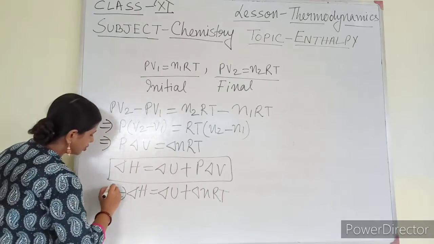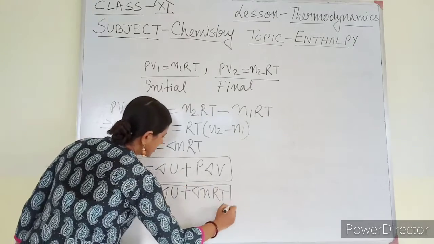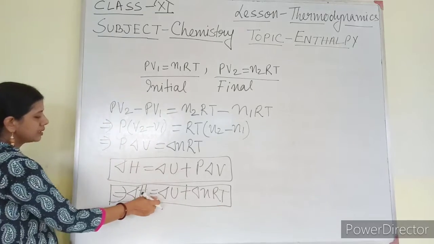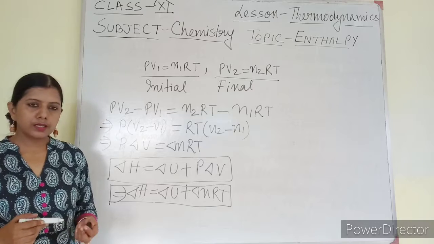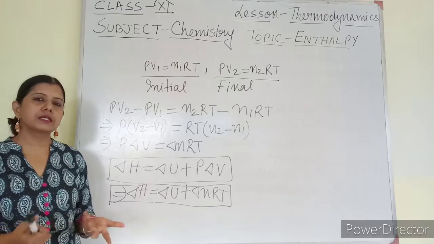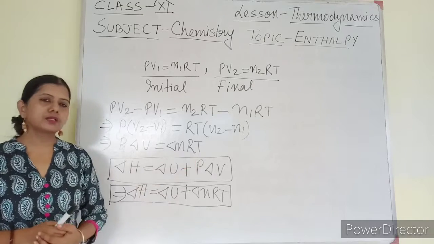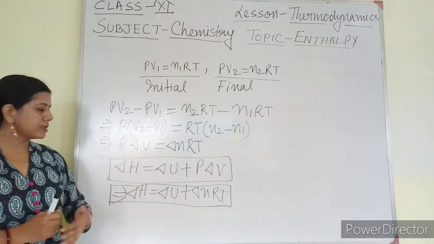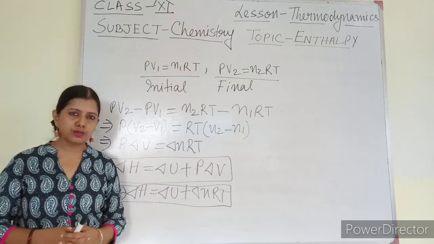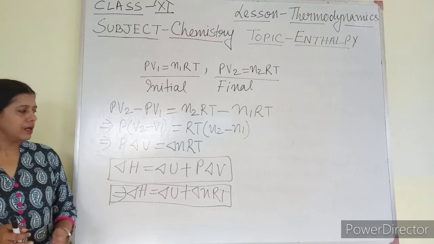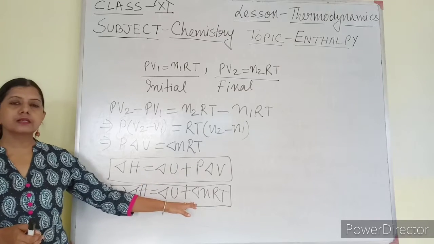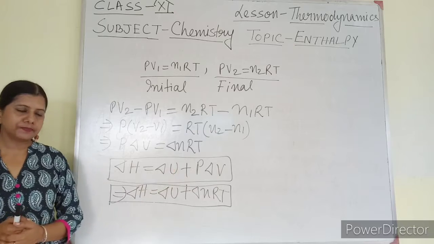This is also a very important equation, and many numericals use it. Suppose in the numerical, pressure and volume are not given, but the number of moles and temperature are given. You may be confused about how to find the answer, but using this equation I can solve it.